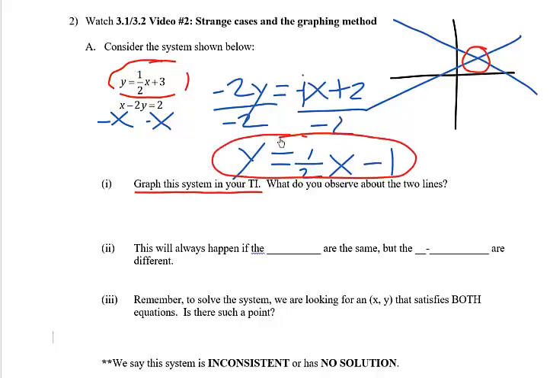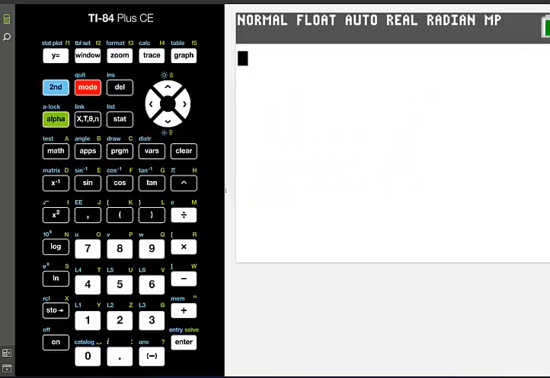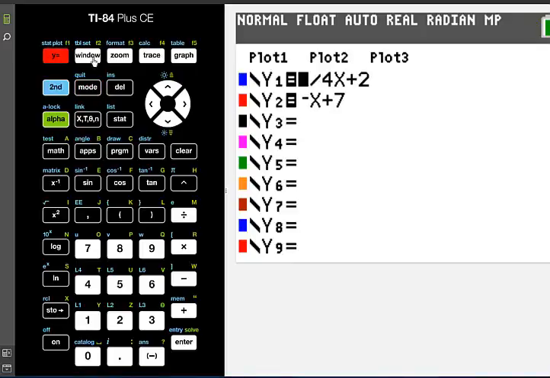Well, let's go to the calculator and take a look. All right, so here's the main screen of the calculator. If I want to solve using the graphing method, I need to go to the y equals button, and I need to make sure my plots are turned off. They are on this calculator.